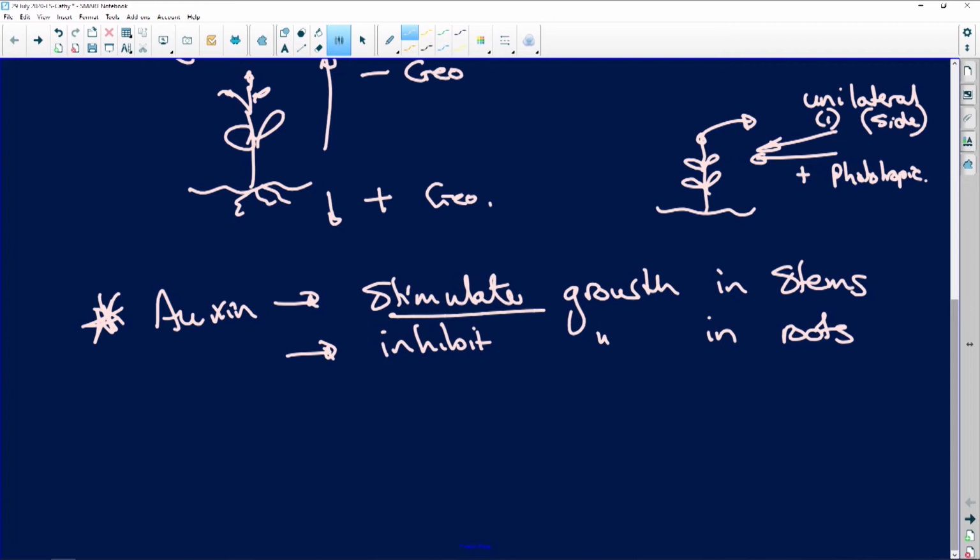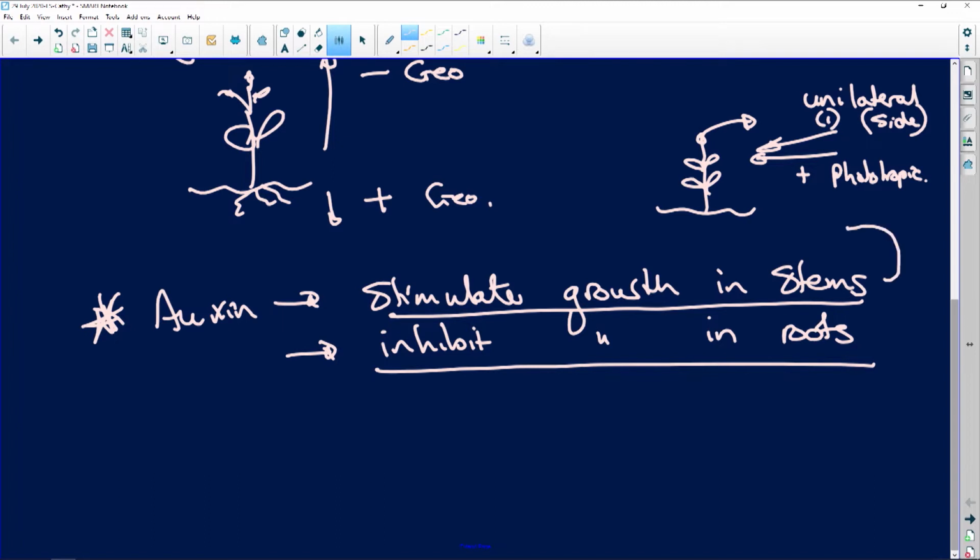So the other cells grow normally on the top side, and that causes the root to grow down. So remember that auxins stimulate growth in stems, but they inhibit growth in roots. That's why the stem will turn towards the light, and the roots will turn towards gravity.